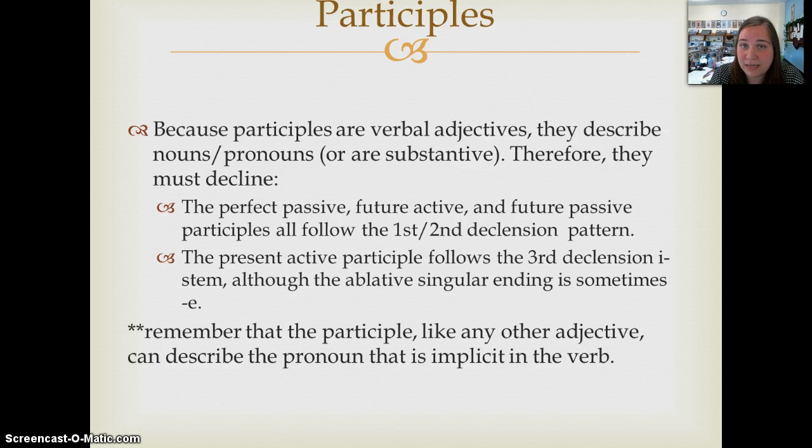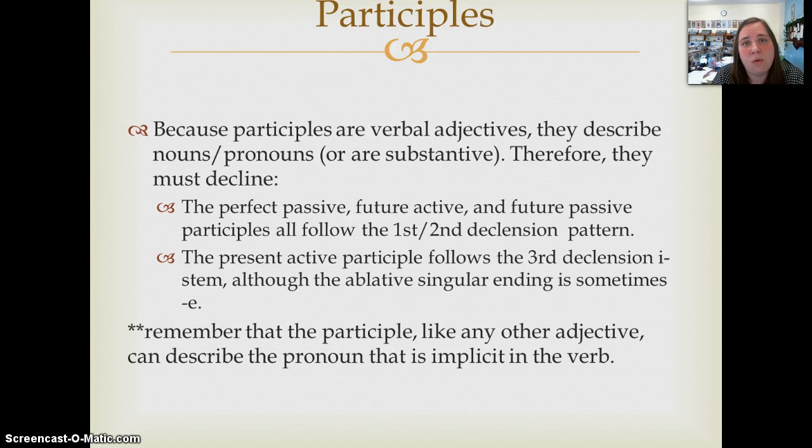So that they can be put into any possible gender, number, and case, so that they can fulfill the duty of an adjective. Okay, three of the participles decline as first, second declensions, okay? The perfect passive, future active, and future passive. They're just like endings you've known forever at this point, right?